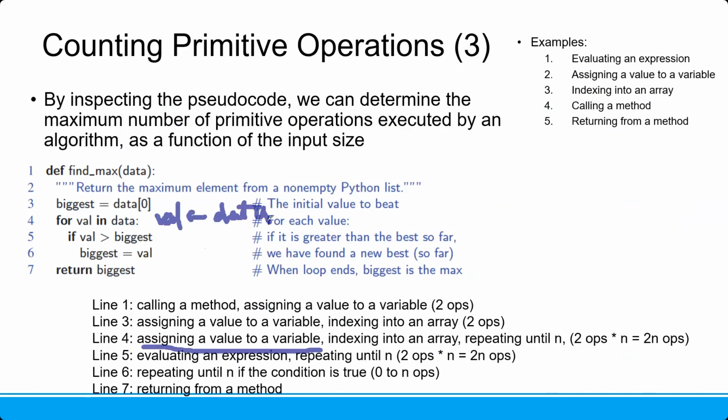And then whenever we call this data, we have the assignment, which is one operation, and we have the index of the array, which is also one operation. Okay. So assigning a value to a variable, it means indexing into an array. This is indexing into an array, and then repeating until n, so we will repeat until n.